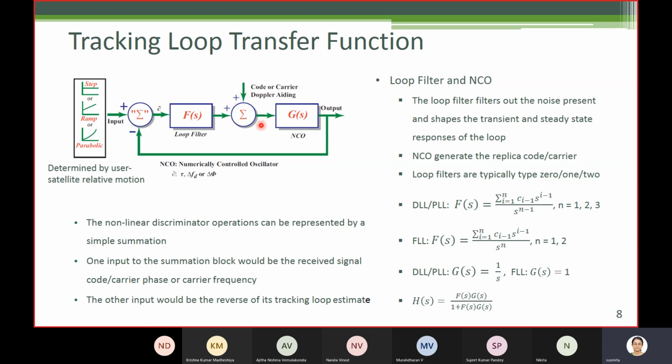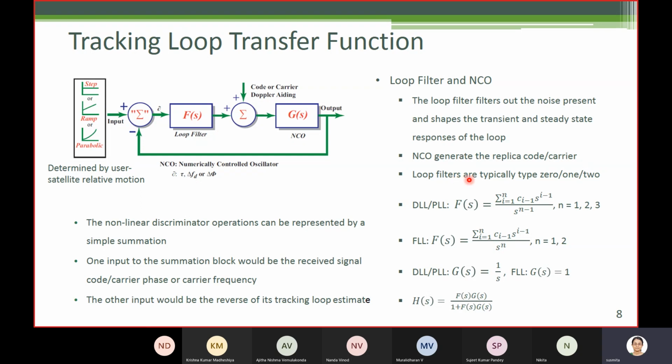Now I'll come to this additional summation block later. For the time being, just ignore this. Assume that this goes directly to the NCO. We know that the NCO generates basically the replica code or carrier. The traditional receiver uses some fixed transfer functions for the loop filters.